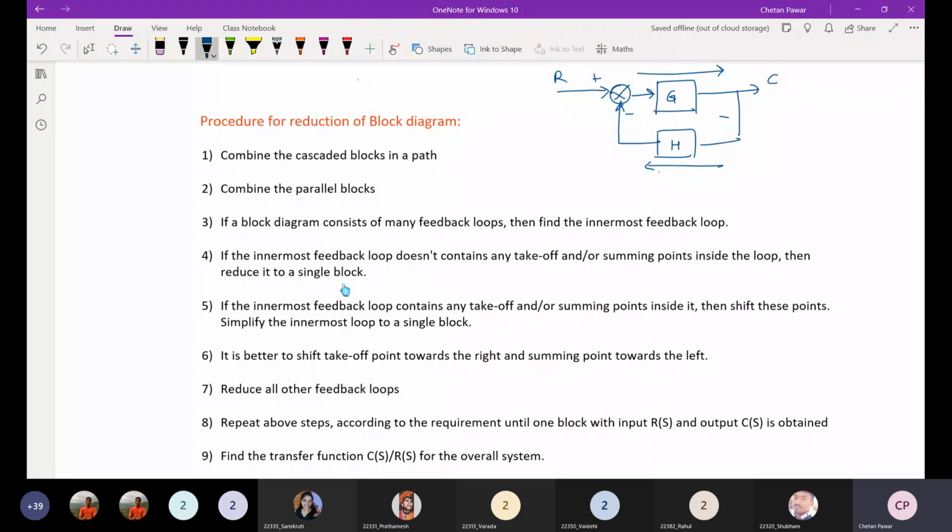Step number 3 is, if the block diagram consists of many feedback loops, then find the innermost feedback loop first. So what is meant by this?